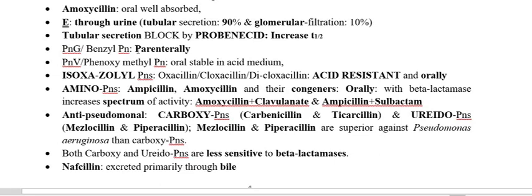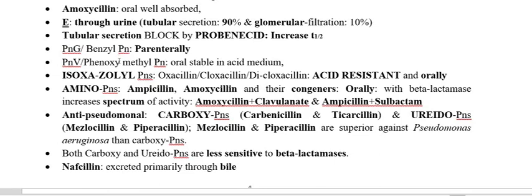However, the repository preparations of penicillin G are called penicillin G procaine and penicillin G benzathine.